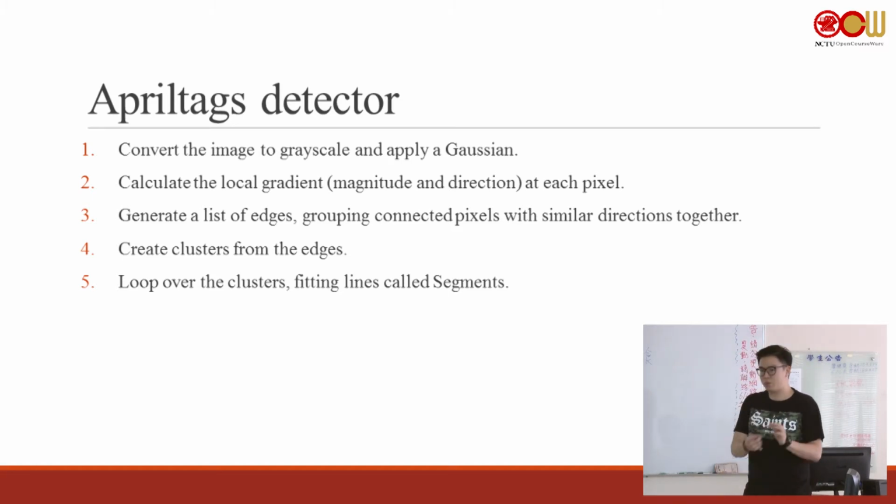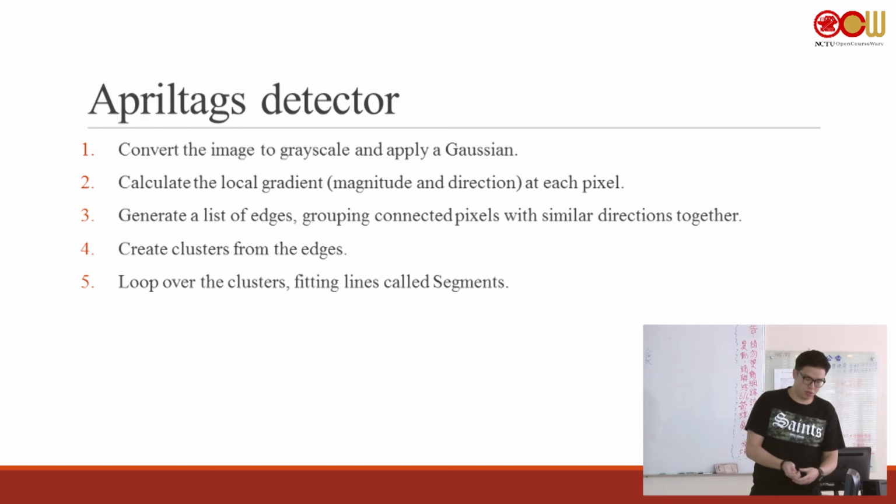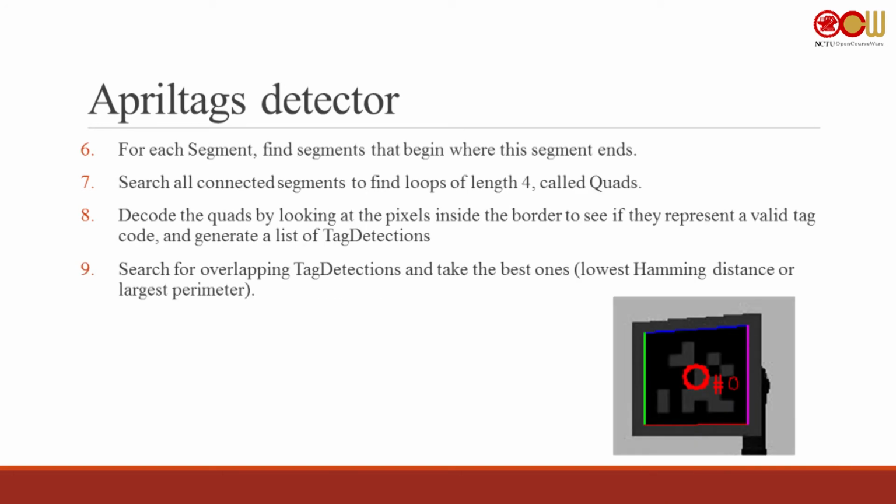And then you have the pre-processed image, which means the converted image. Then you calculate the local gradient, which means every single pixel's gradient, which means you have every pixel's magnitude and direction. And according to the similar direction, you will find the list of edges. And according to the edges, you will find clusters of the edges. Looking over the clusters, you fit the lines, which is called a segment. This line fitting is called a segment.